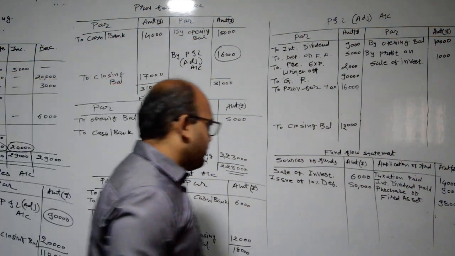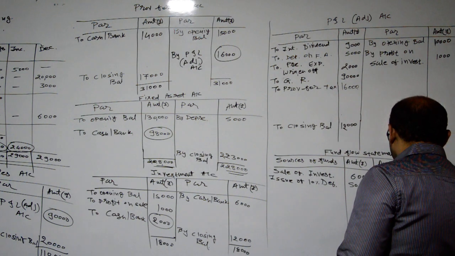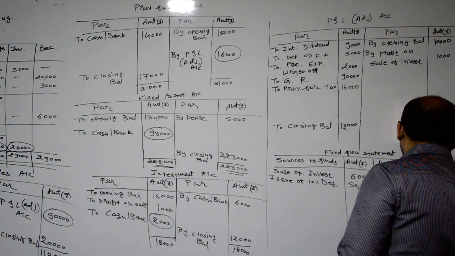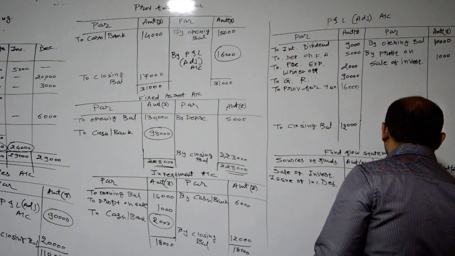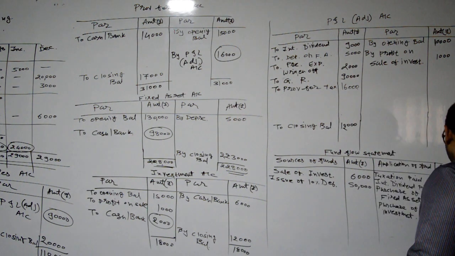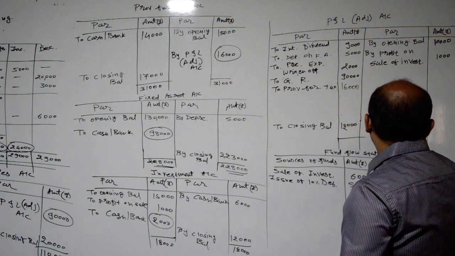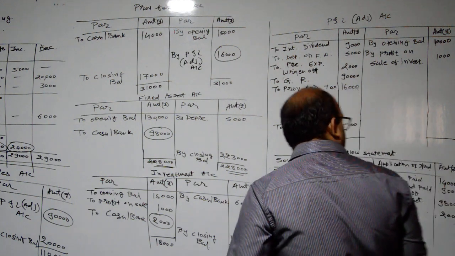And the second effect will be given on fund flow application of fund side. Purchase of investment, how much amount? 2,000 rupees.